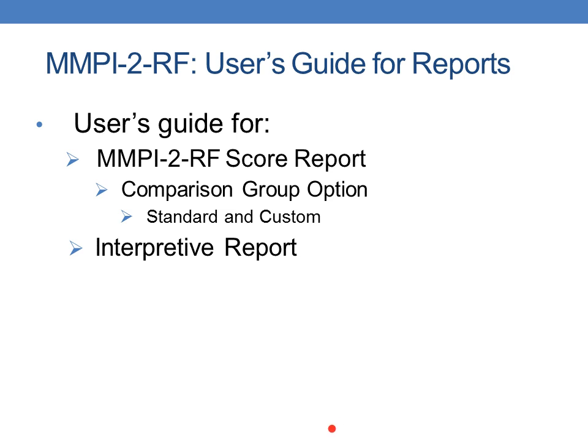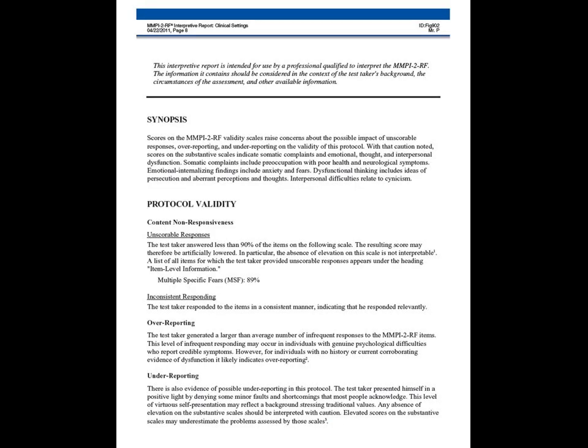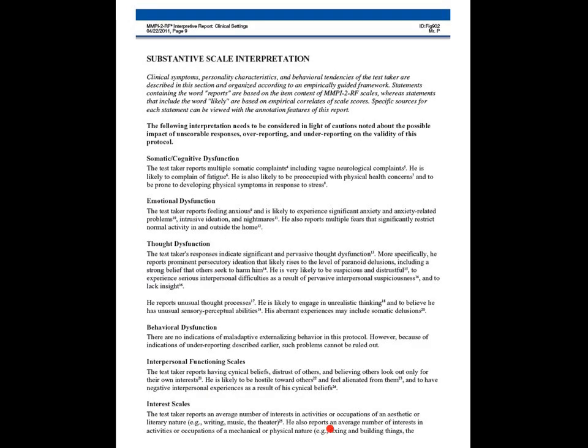We also have the interpretive report that's available. Essentially it gives you an algorithm that scores the test and interprets it. The neat feature, though, is that it does it in a pretty straightforward manner, and you can actually see what is prompting all of these statements.